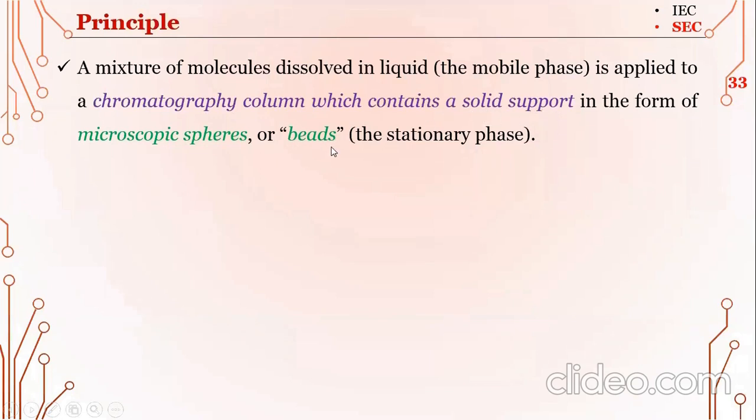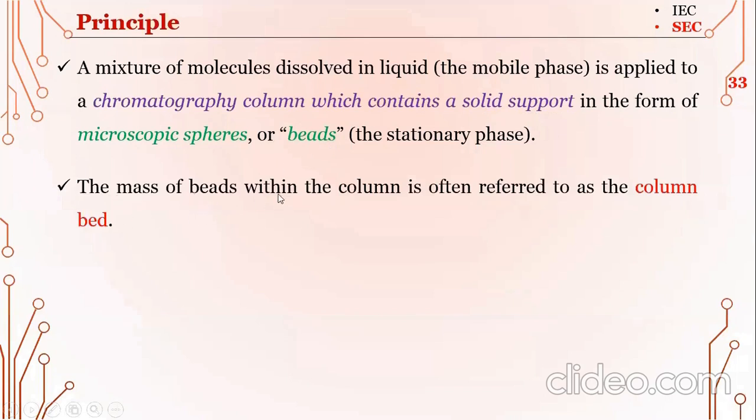The mass of the beads within the column is often referred to as the column bed. So all the beads collectively can also be called the column bed.